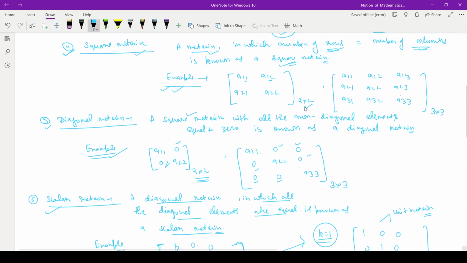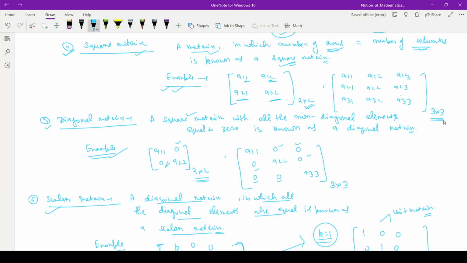Square matrix examples are like 2 cross 2 matrix I have written A11, A12, A21, A22, where A11 is first row first column element, A12 is first row second column element, A21 is second row first column element, A22 is second row second column element.